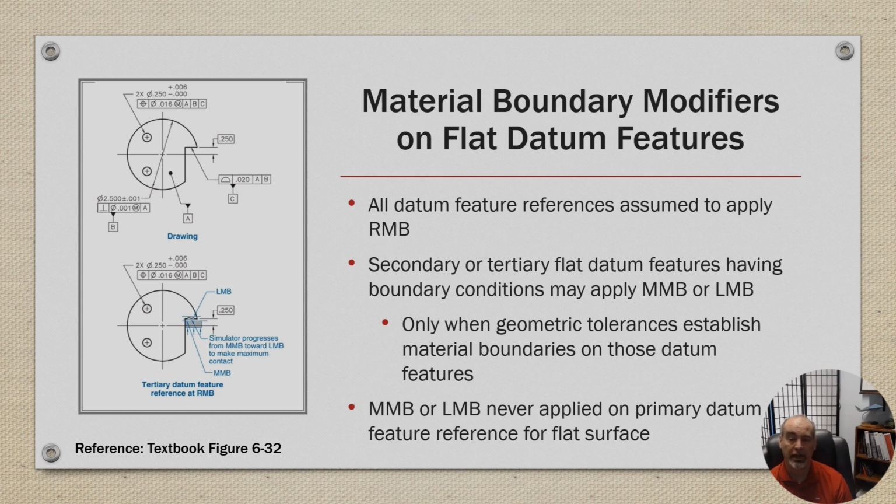So we look at the example on the left. Our primary datum is A, which typically is going to be the flat surface of the face where it's called out, and then they're calling datum C at least material boundary condition, and it shows the zone of least material to maximum, and your gauge has a range with which it can affect the part.